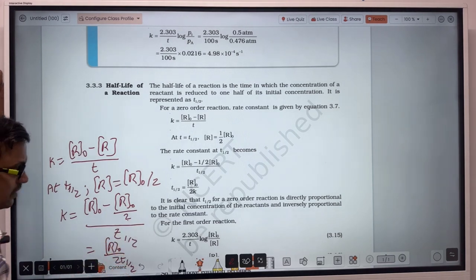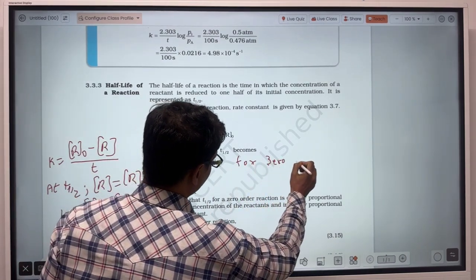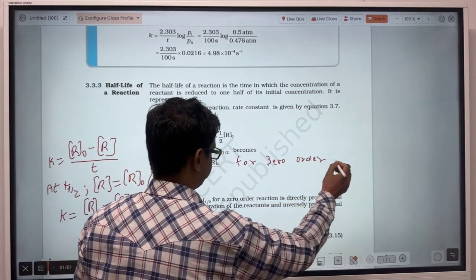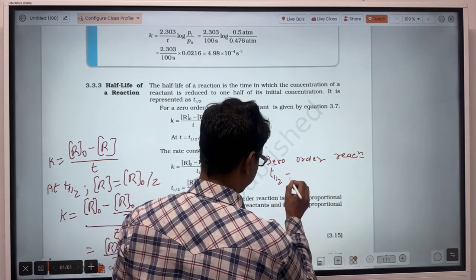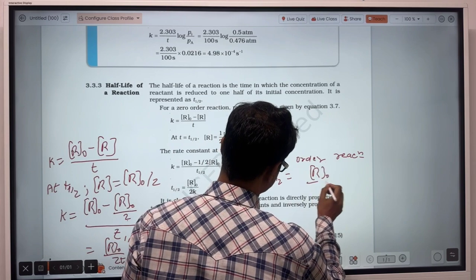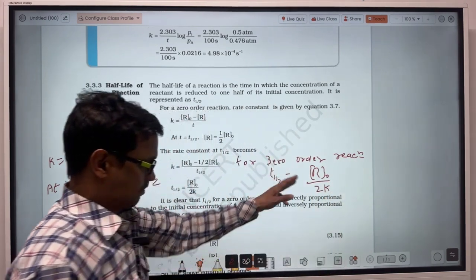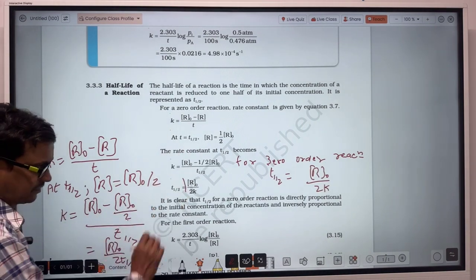So you can write t half for zero order reaction will be equal to R naught by 2k. That final expression has come.